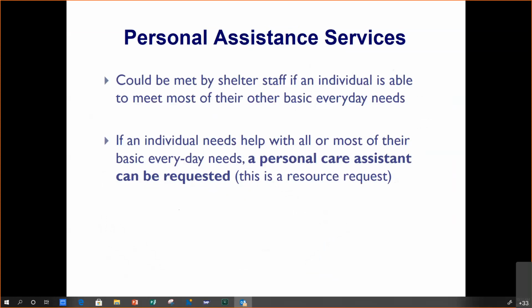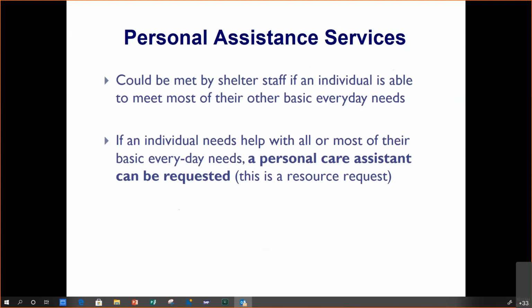So some individuals may come into a shelter and require additional assistance. They may be living at home independently, but have somebody that comes into their house on a regular basis to provide personal assistance services. And these may be everyday needs that are basic needs like, potentially medication management or filling out forms or things like that, or feeding, or it may be more significant needs, more personal hygiene or toileting or dressing.